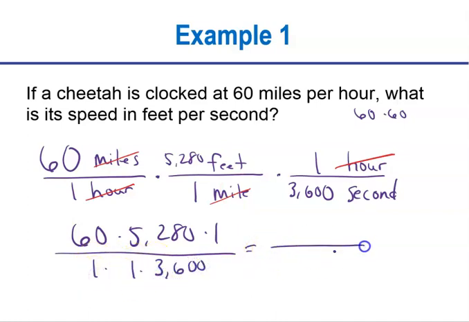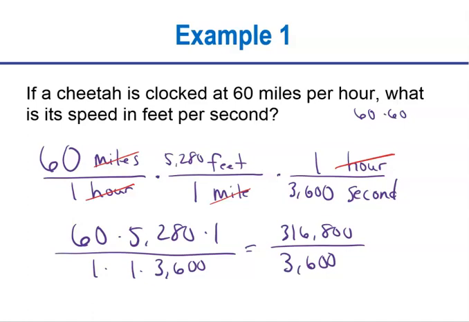Now the denominator I can do in my head, but the numerator I'm going to use my calculator: 60 times 5,280 equals 316,800. That's my numerator.